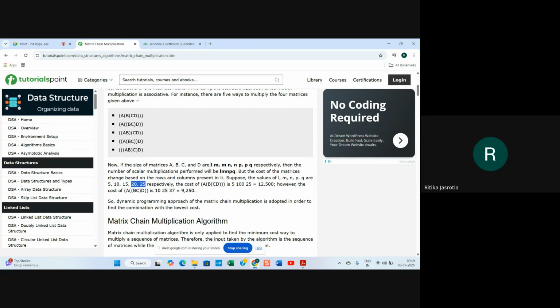Okay, so here if you see L into M, M into N, N into P, P into Q, the basic criteria will be L, M, N, P, Q. So L, M, N, P, Q are having these values. If we calculate according to this, it will be 20 into 25 multiplied by 15 multiplied by 10 multiplied by 5.